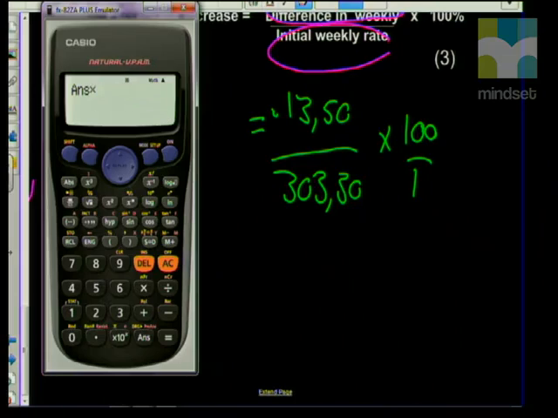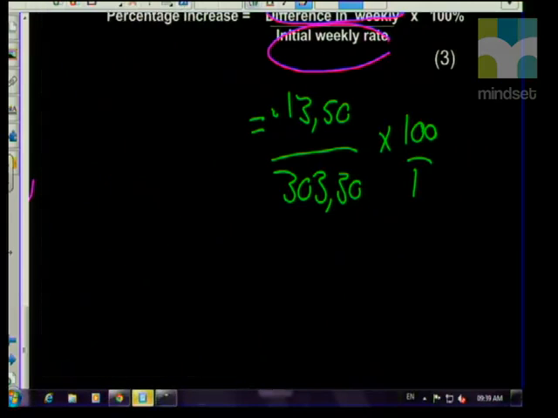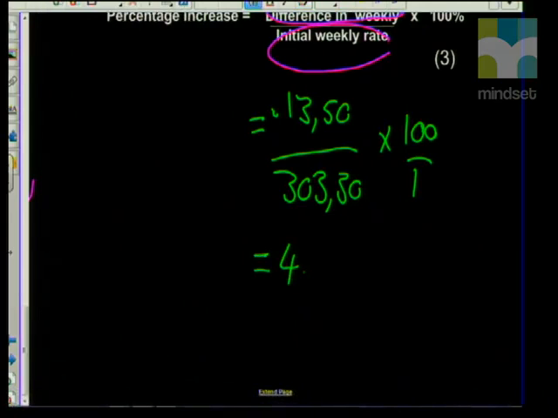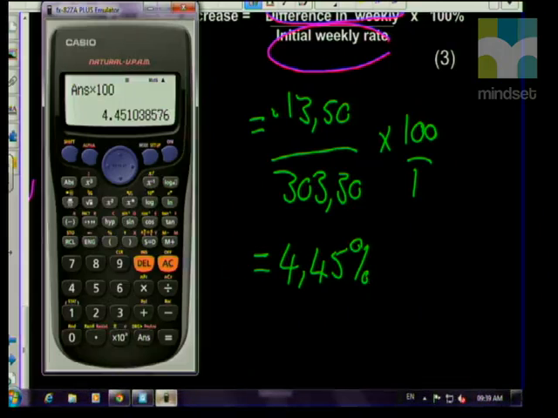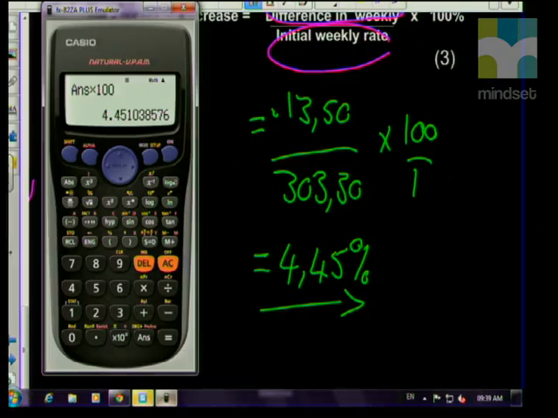So multiply by 100, and that gives me the value that I can write as a percentage, which is equal to 4,45%. Let's just check that I rounded it off correctly. 4,4, the third 451. The third decimal place in the percentage was less than 5, so yes, I can round it off, and I know my answer is correct.